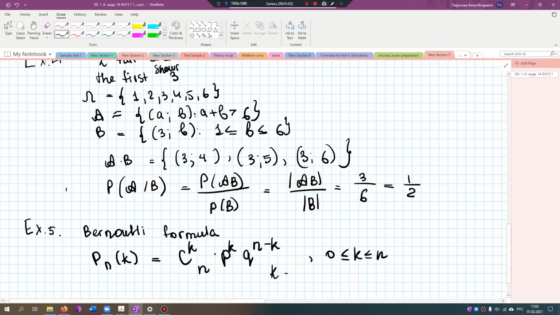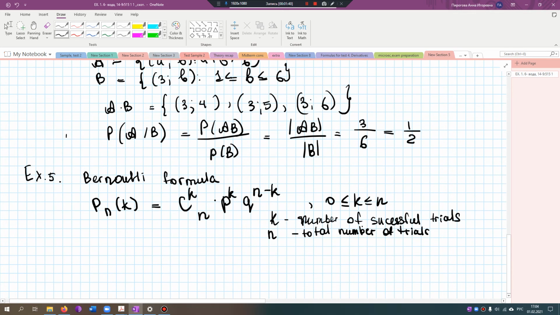So k here is the number of successful, let's say, trials. n is the total number of trials, and n minus k is the number of failures.